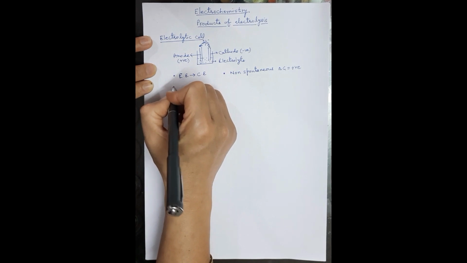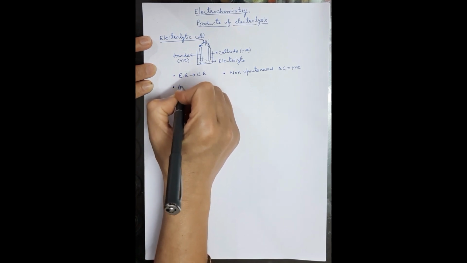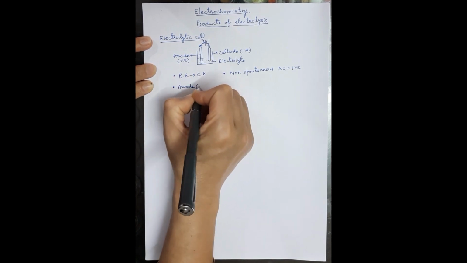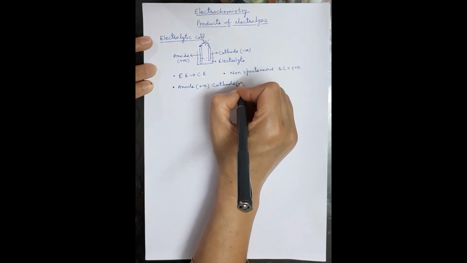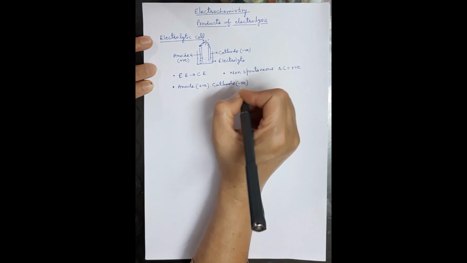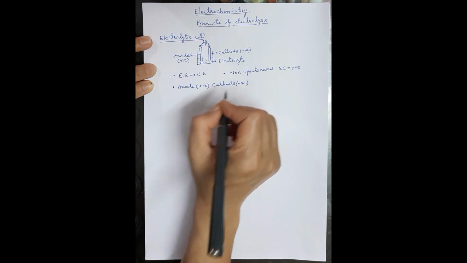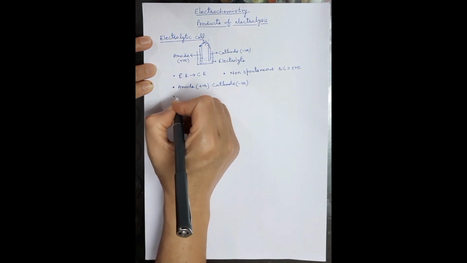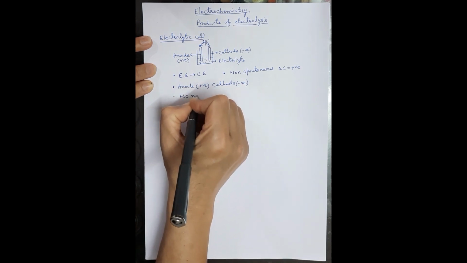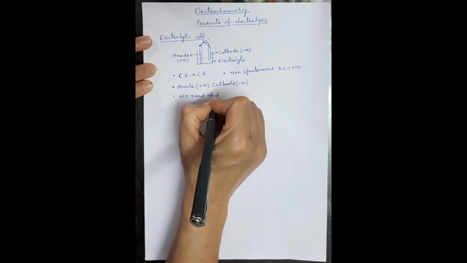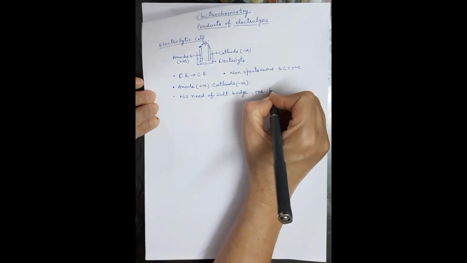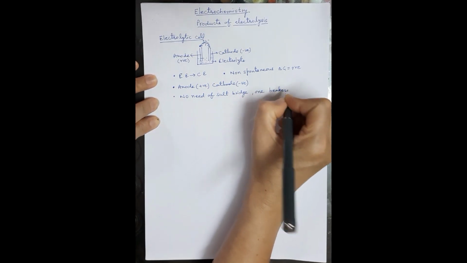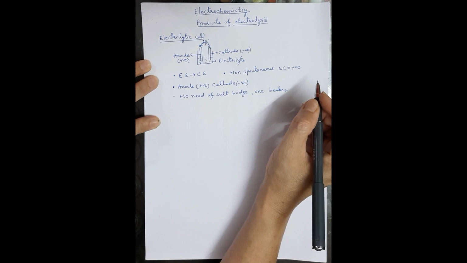Another important feature you must learn is that the anode in this case is taken as positive and the cathode is negatively charged, whereas in the electrochemical cell, as we discussed earlier, it was actually the opposite. Another important feature is that there is no need of a salt bridge, because only one container or beaker is there.